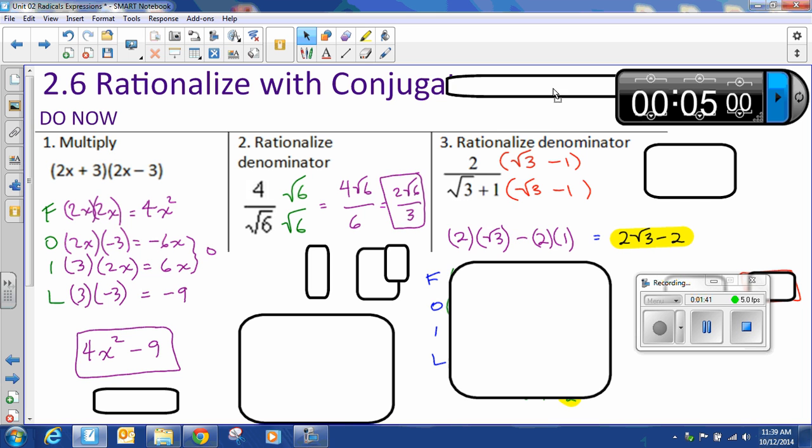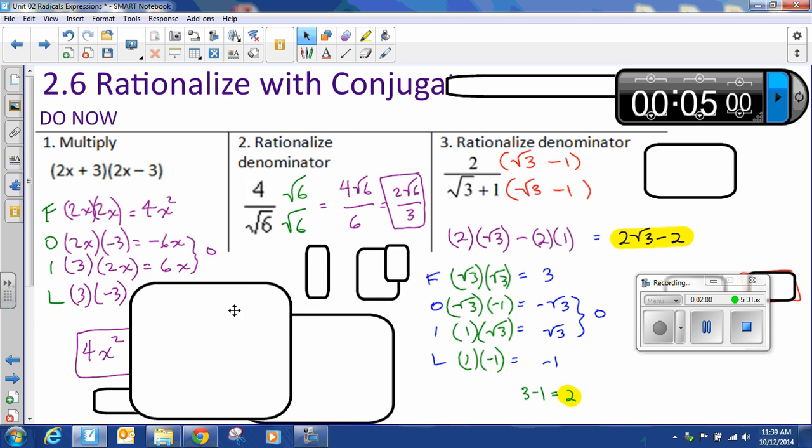So when we multiply the numerator by the conjugate, 2 times radical 3 times 2 times radical 3 minus 1, you are distributing. 2 times radical 3 minus 2 times 1 is 2 radical 3 minus 2. We'll save this for the numerator. The denominator we must FOIL.